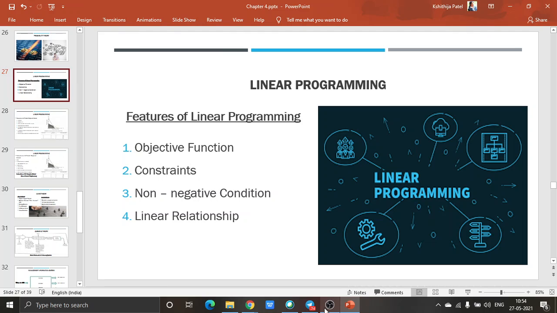That is to tell, additional inputs will produce the output in the same proportion in which the inputs are increased. That is to tell, the output of 2 machines and 2 workers should be double that of 1 machine and 1 worker, and so on. These are some of the features of linear programming.